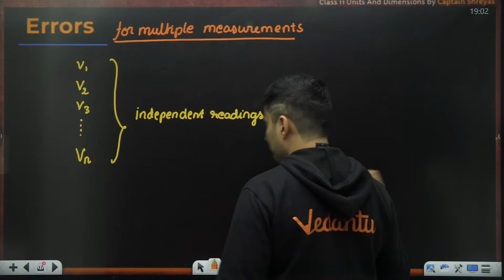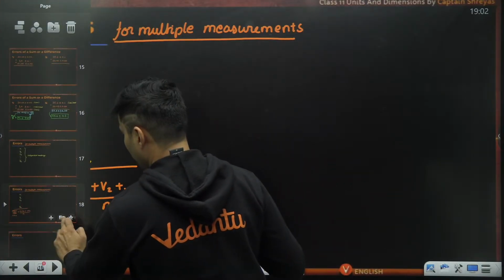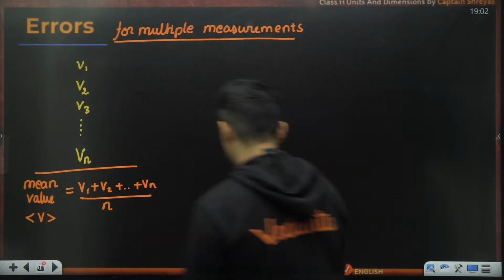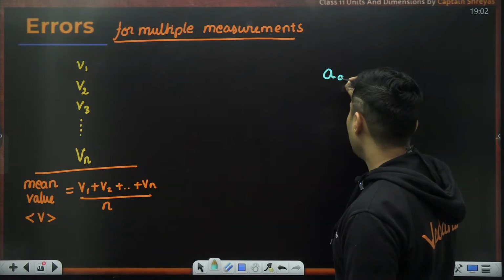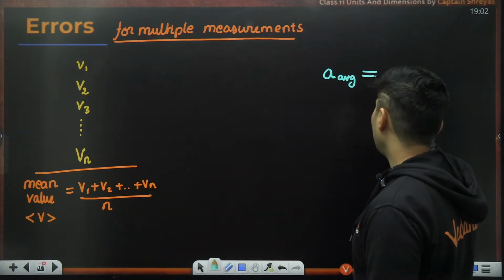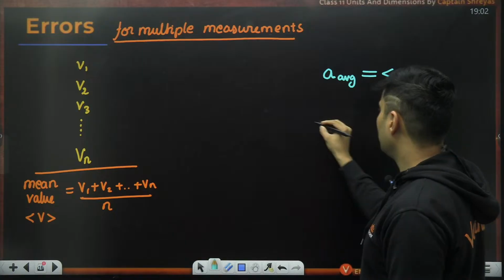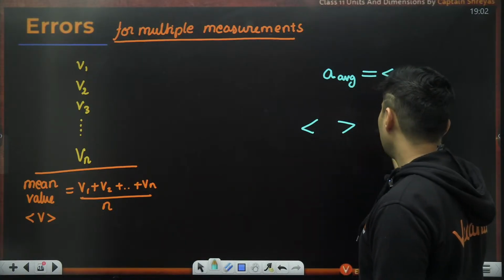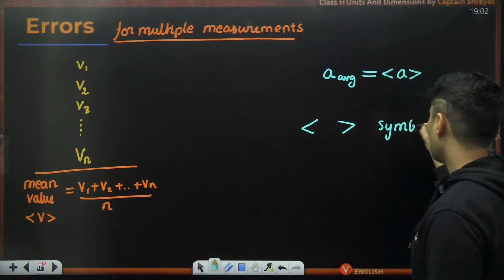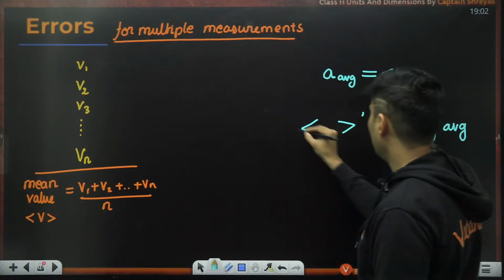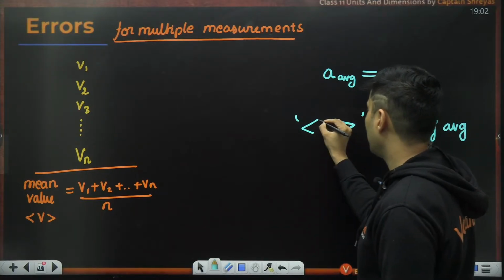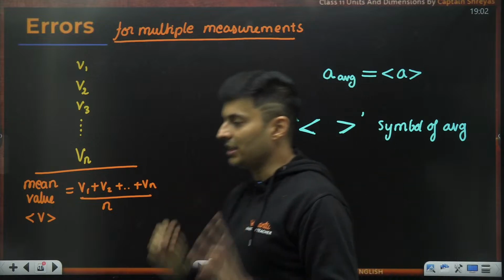You might have written average velocity, average acceleration like this, A average. You can also write it like this. This is basically the symbol of average in mathematics, physics, chemistry. Whatever you write in the triangular brackets means average.